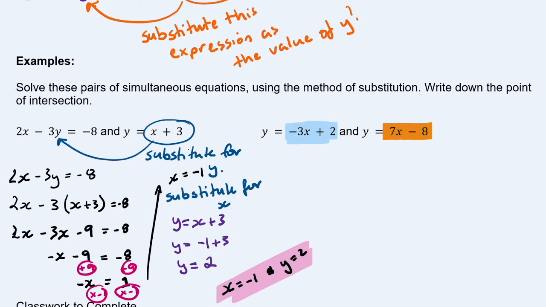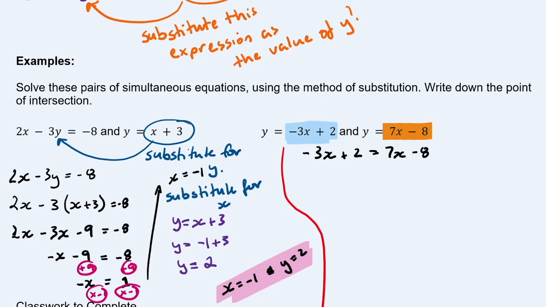They both equal y, so they have to equal each other. So they have the same value. Let's start there. I'll just pop in a little line so I don't get them mixed up. So I know now that minus 3x plus 2 is the same as 7x minus 8.